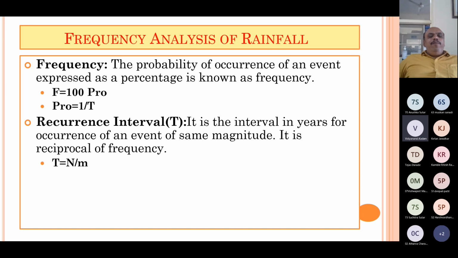Then the order number for this value is 1 and it is denoted by m. If the value of m is 1, that event is the one with the highest precipitation value. So this is about the recurrence interval.